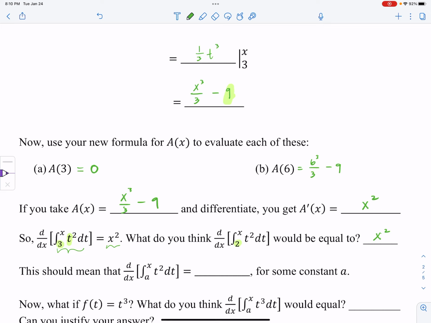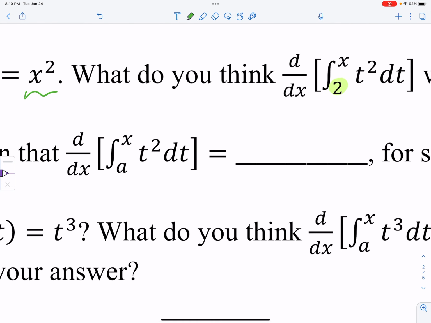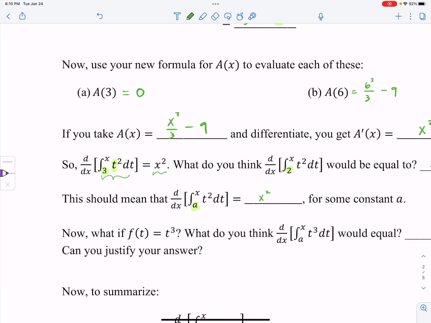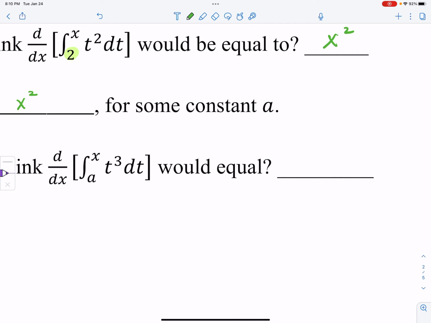So we can generalize, and that means that in general, whatever a is, we could just say that the derivative of this accumulation function would be x squared for some constant a. Now, what if f of t were t cubed? Well, think about it for a second. It's the derivative of the definite integral, of this accumulation function.